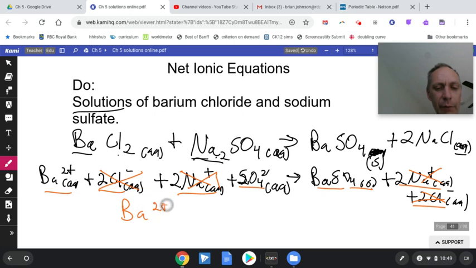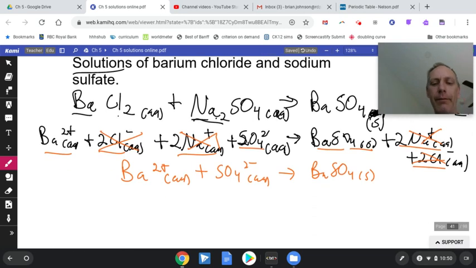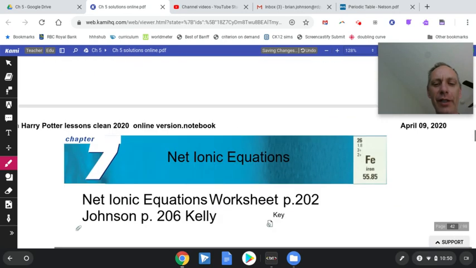Wow, a lot of spectators in there. Barium 2+ reacts with SO4 2- to give BaSO4 solid. Kaboom. Done. Okay, hopefully that seems pretty straightforward to you and you've got it dialed in.